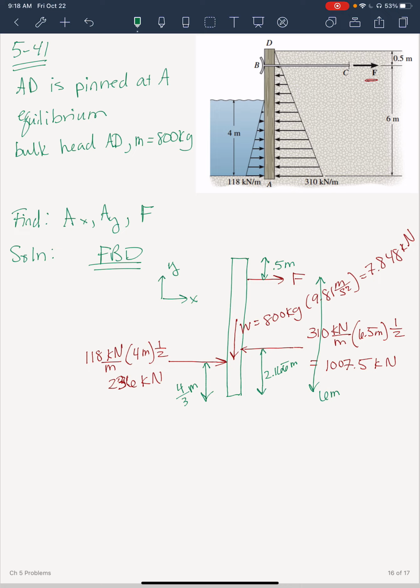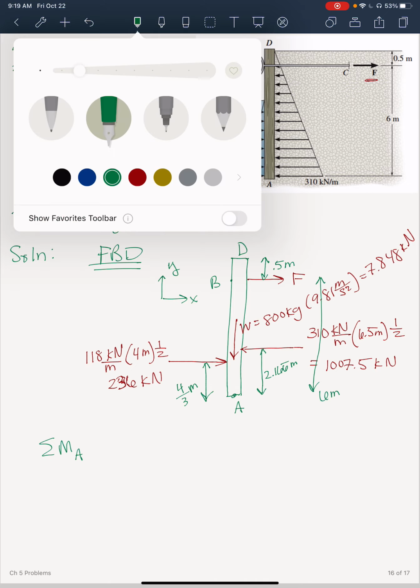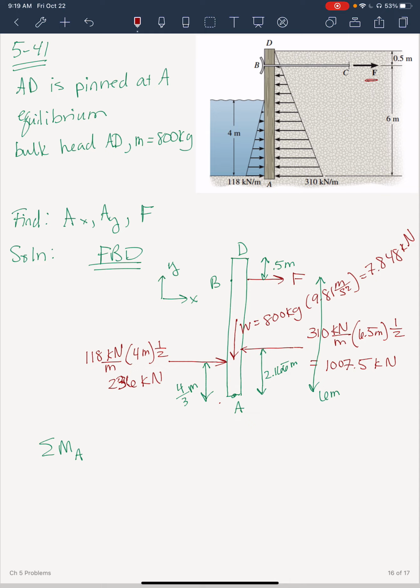I think the one that probably makes sense, oh, I didn't label this A, it's B up here, and then D up here. Let's do the sum of the moments about A. Oh, and I forgot a force. At A is a pin, so we have AX, and AY also.